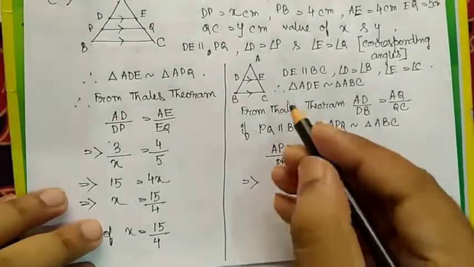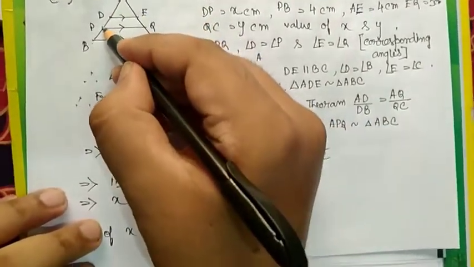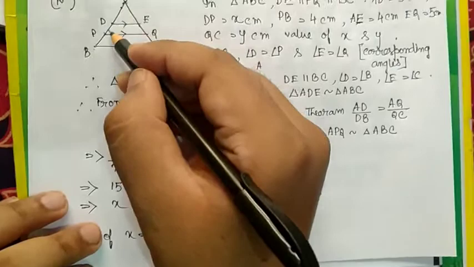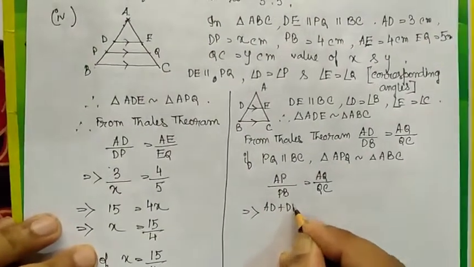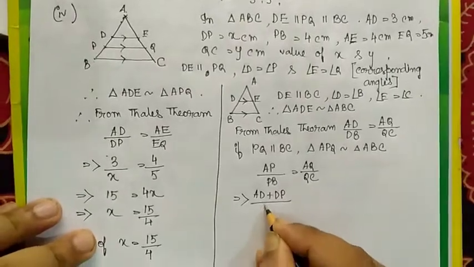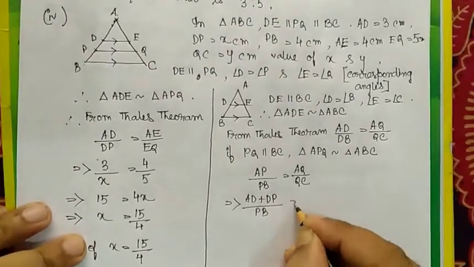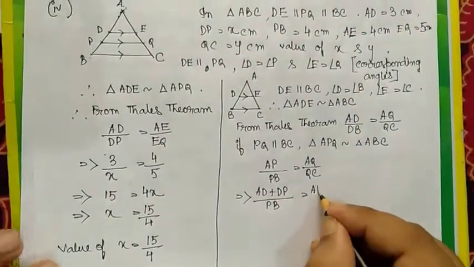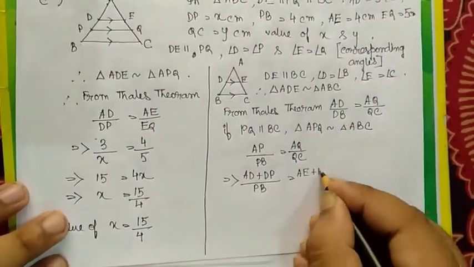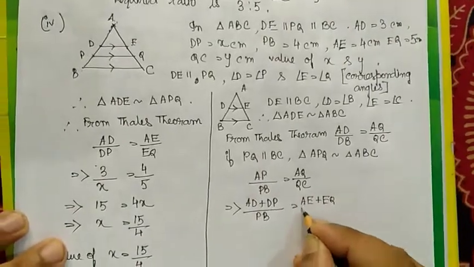Now the value of AP means AD plus DP, and PB means PB. AQ means AE plus EQ, AE plus EQ by QC.